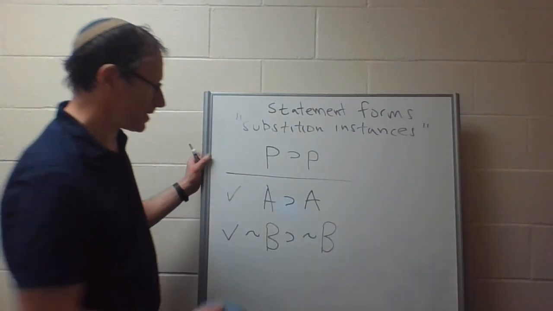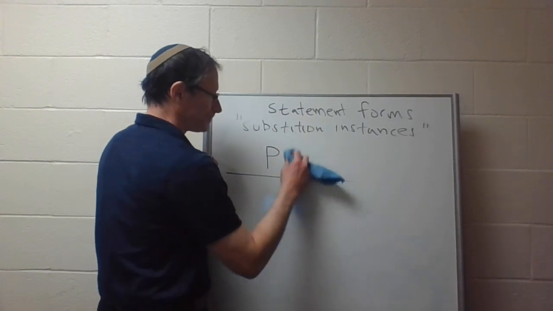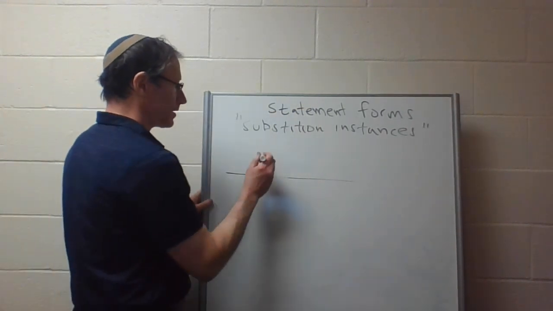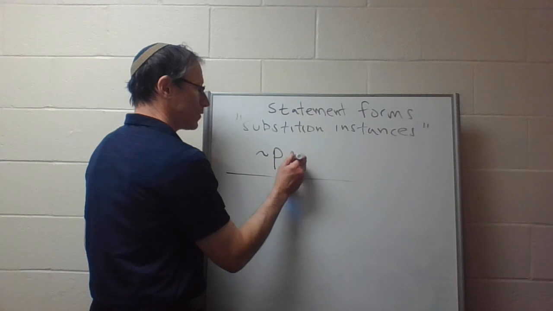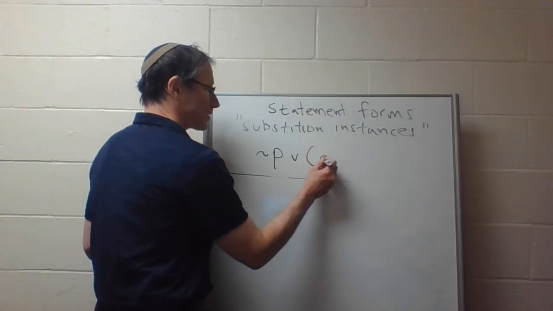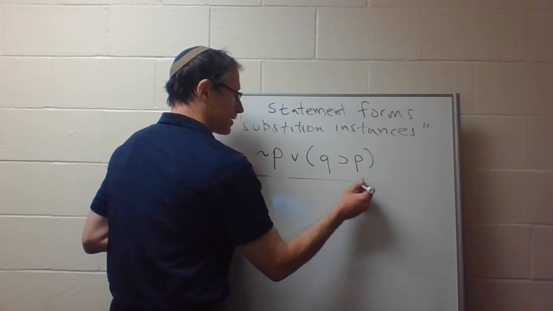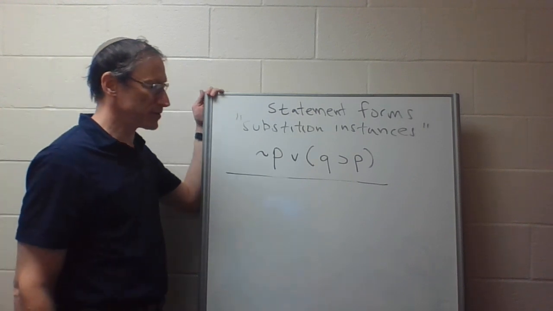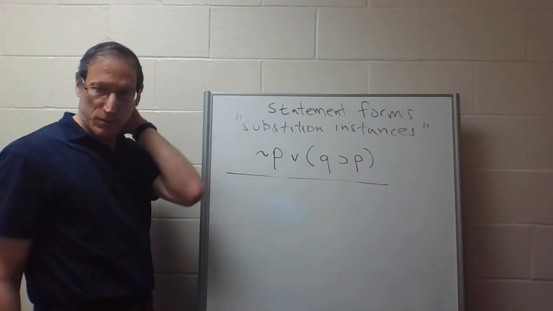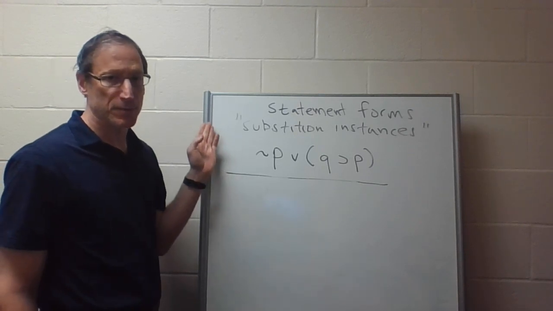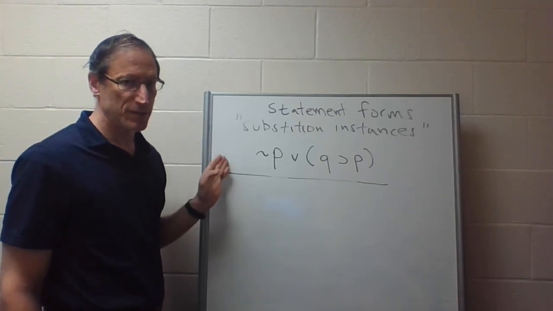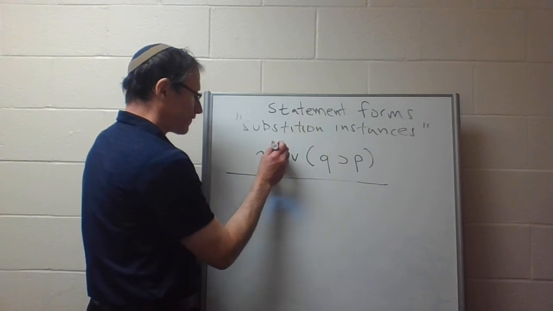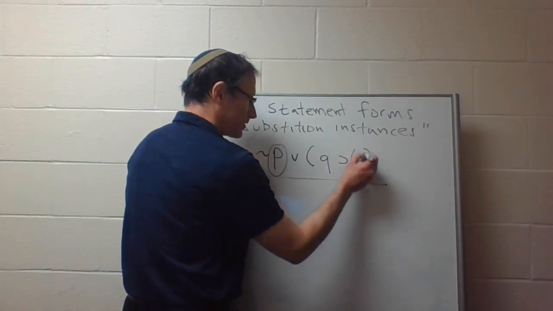Suppose I have not P wedge parenthesis Q horseshoe P. A valid or correct substitution instance of this statement form would be any statement where whatever formula I substitute for P has to be the same here.